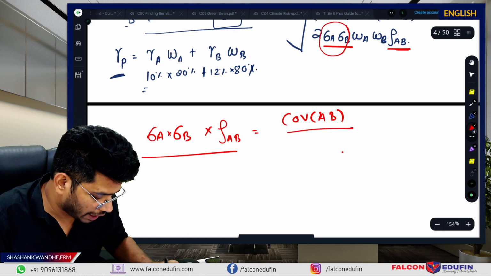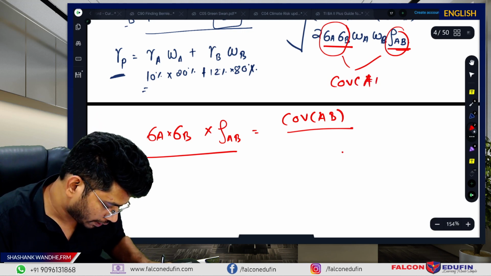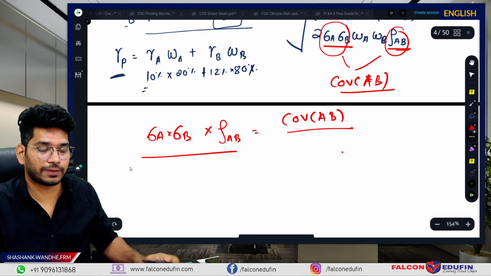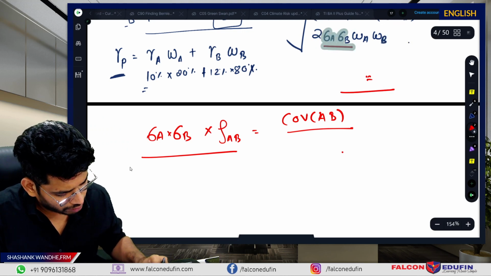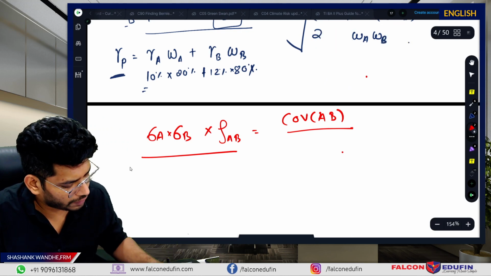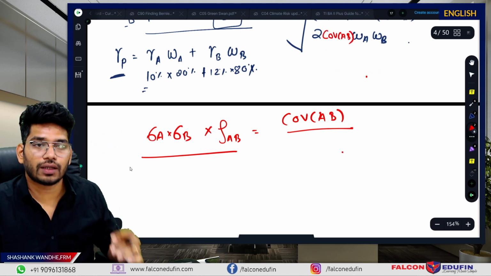So this part and this part will become covariance of AB, correct? So I can simply drop these terms and we can simply go with the cov AB.